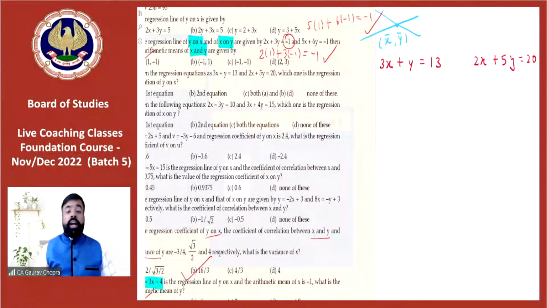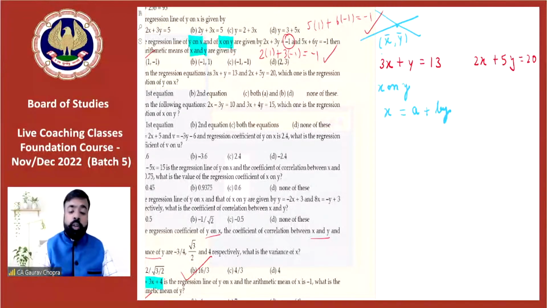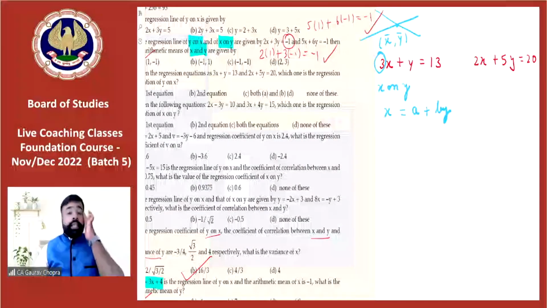If we assume the first equation as x on y, then we have to arrange it in this format: x is equal to a plus by. The coefficient will go in the denominator, because our main aim is to take the value which is less than 1, not more than 1.